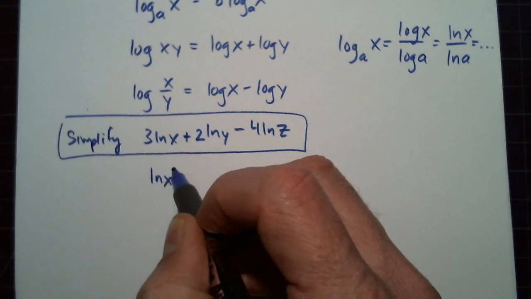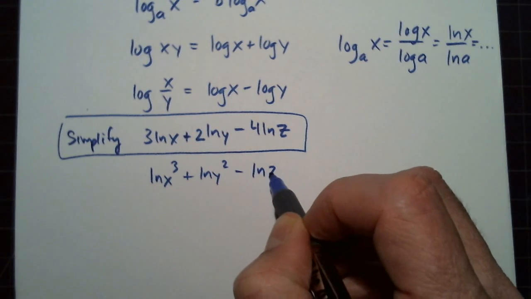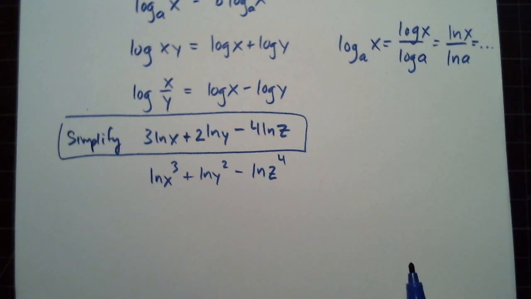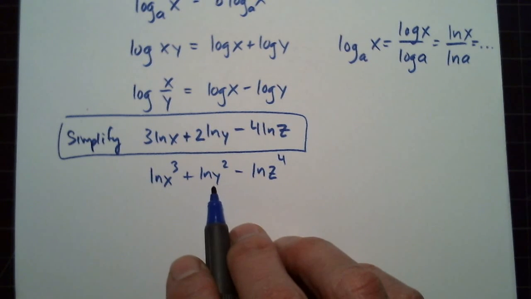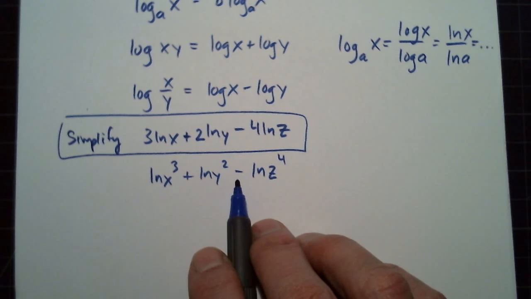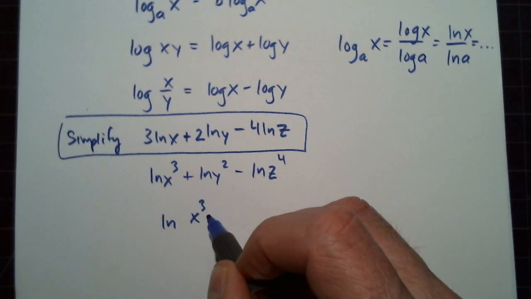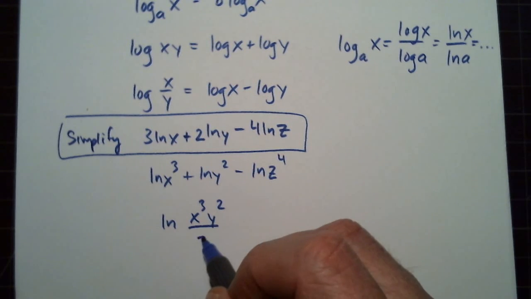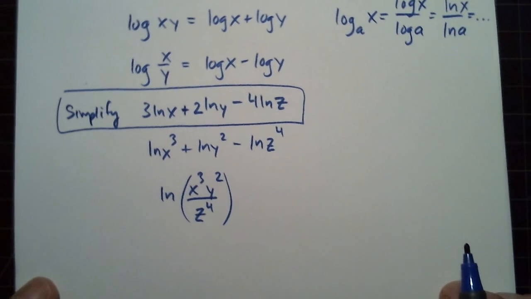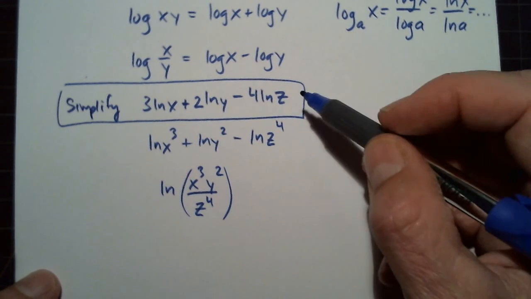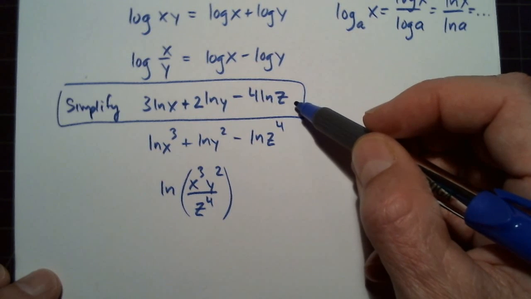So we would have ln x cubed, ln y squared, ln z to the fourth. And now we change these. This would change into a product, and then that would change into a quotient. So we have ln x cubed times y squared divided by z to the fourth. And that's going to help us. These properties, we're going to use these in logarithmic differentiation.